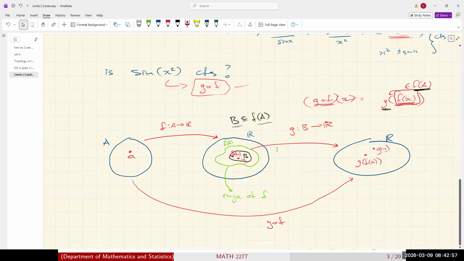Those distances are here. This distance is epsilon. This distance is eta, and here is a, and here is f of x. This distance is delta.